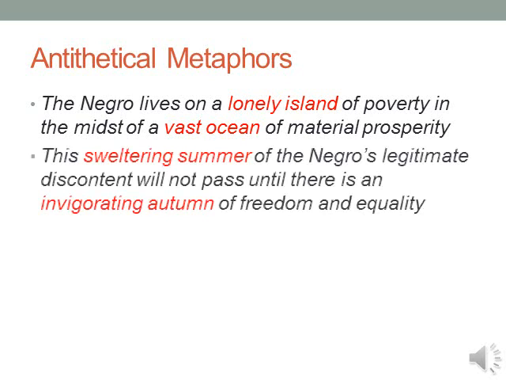In paragraph 5, "this sweltering summer of the Negro's legitimate discontent will not pass until there's an invigorating autumn of freedom and equality" uses inverted seasonal imagery to compare the suffering of Negro people at the moment with the possibility of freedom that King raises.